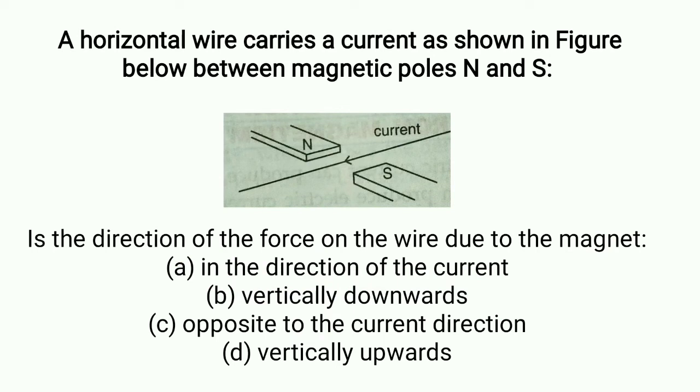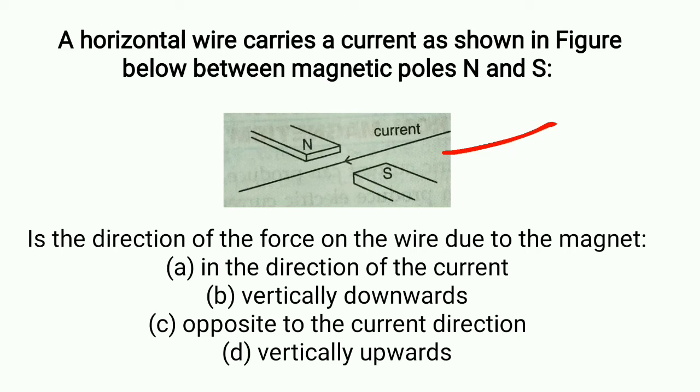A horizontal wire carries a current as shown in the figure below between magnetic poles north and south. What is the direction of force on the wire due to the magnet? Option A, in the direction of current. Option B, vertically downwards.